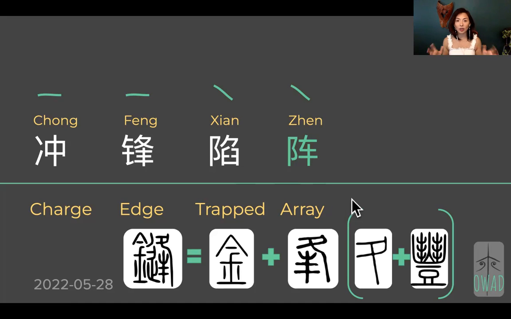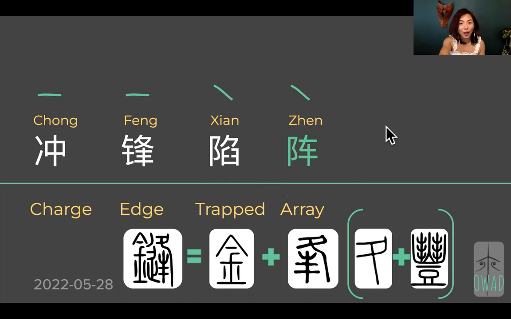So basically it describes, from the user of this language's perspective, 冲锋陷阵 is charging toward the edge, the blade, the cutting edge of your enemy side. You're going to rush through that, and then you're going to trap or tank or disrupt the 阵, the placement of your enemy side, so that you disrupt their organization.